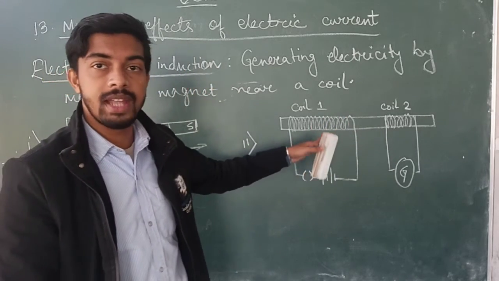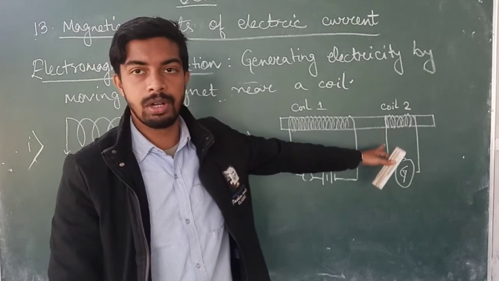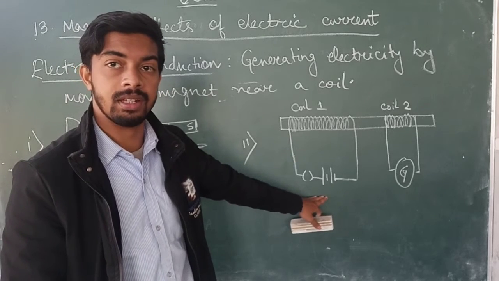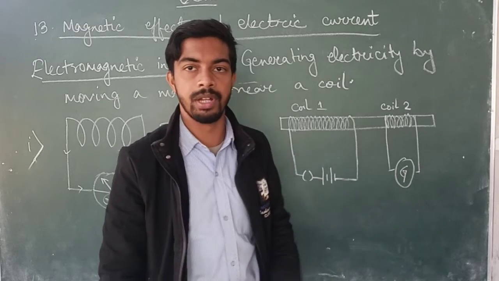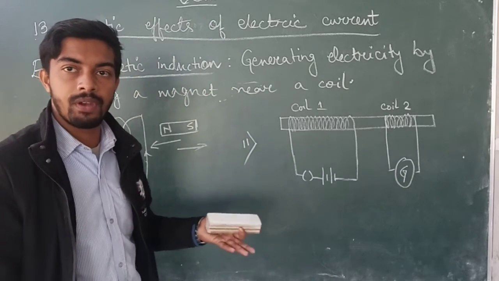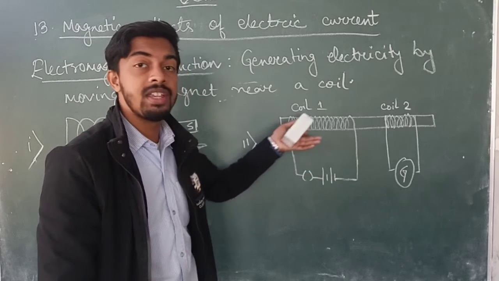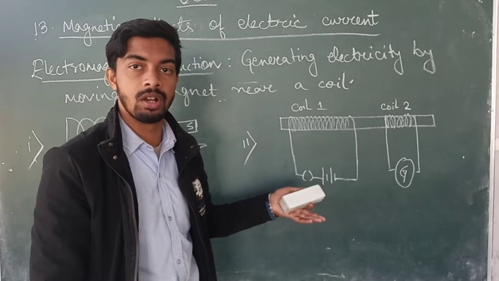Now coil number 1, that is the primary coil, has more number of turns than coil number 2, and the primary coil is connected to a battery, means a power source, and the coil number 2 is connected to a galvanometer. Now we have learned till now that when current passes through any solenoid or a coil, it produces magnetic field within the coil.